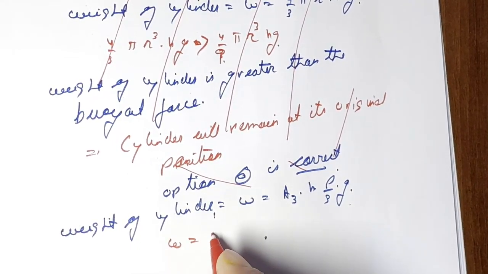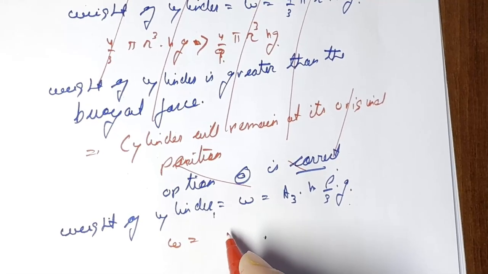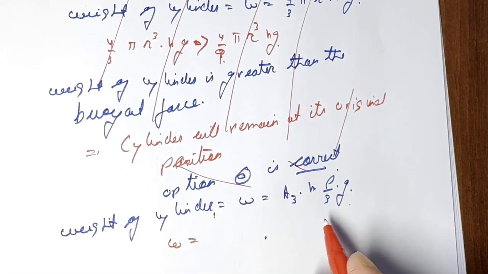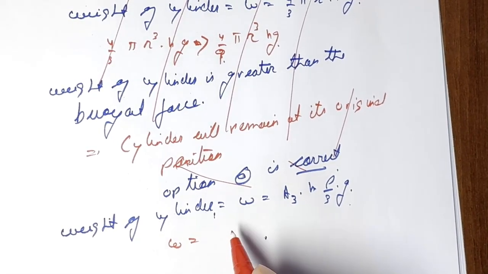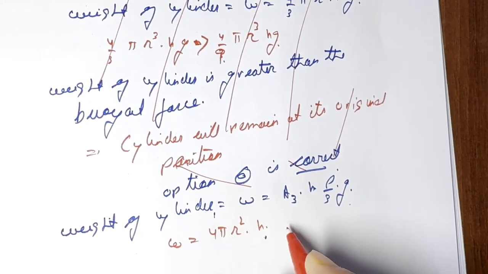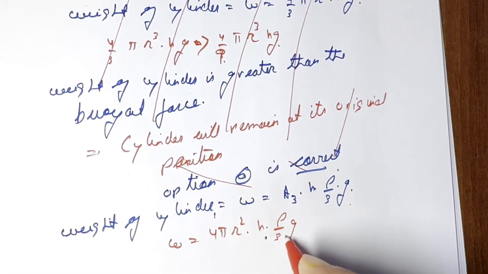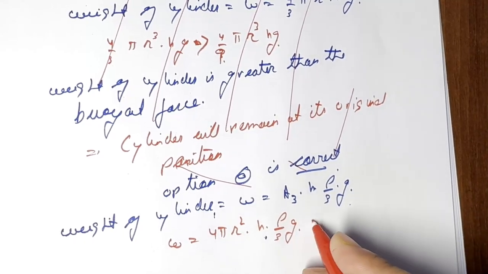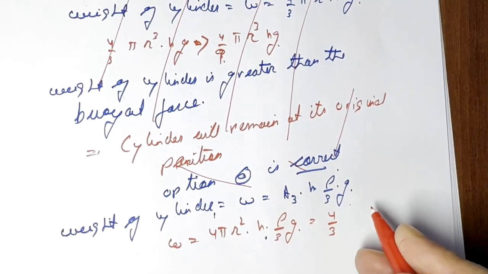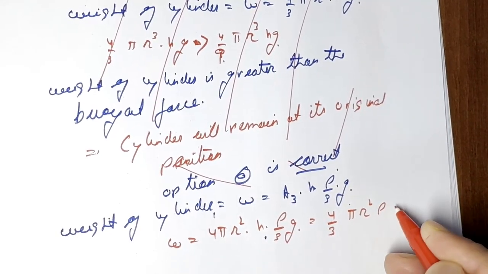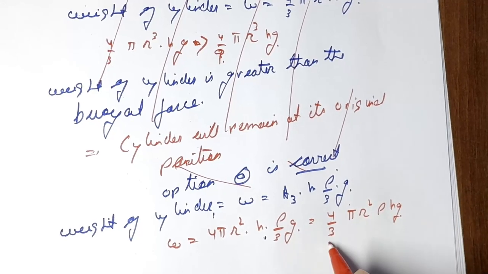So this becomes 4 pi r square h rho by 3 multiplied by g, and if we rearrange them, we can write this as 4/3 pi r square rho h g.